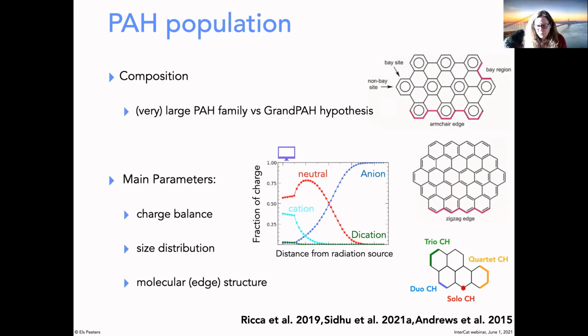And then also for the hydrogens which are attached to the carbon skeleton, we talk about different positions. For example, the solo CH hydrogen, which means the neighboring carbon atoms do not have a bond with hydrogen. For dual CH groups, you have two hydrogens which are connected to neighboring carbon atoms, etc.